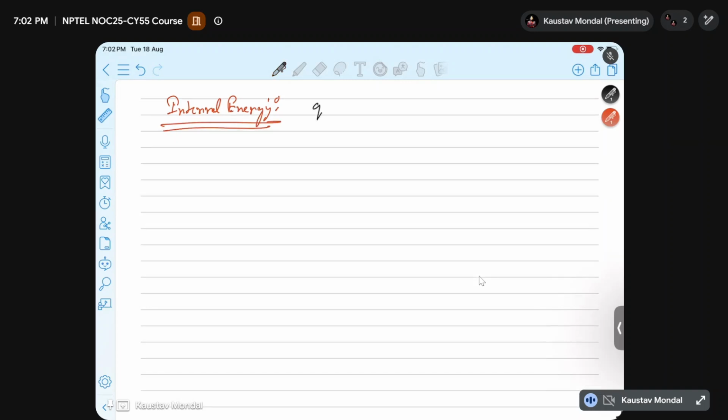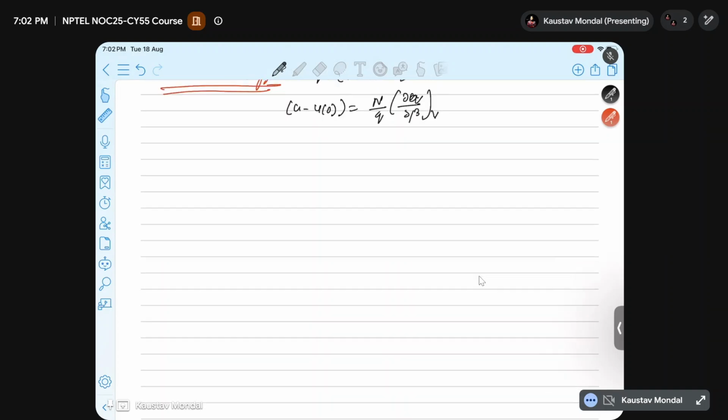Q we already know, 1 plus e to the power beta e. u minus u0 is basically N by Q del Q by del beta at constant volume. So u minus u0 would be minus N by 1 plus e to the power beta e, into minus e, into e to the power minus beta e.